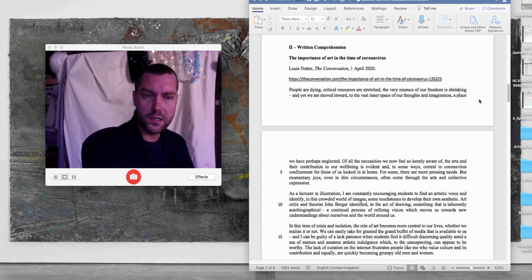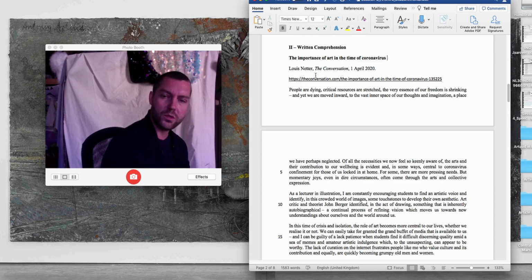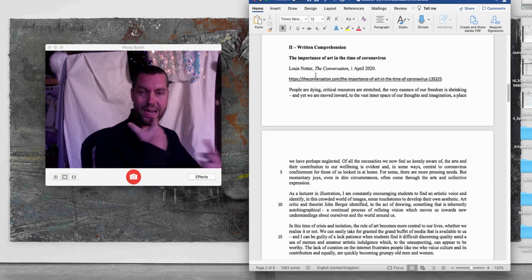This is written by Louis Netter, also an artist, not so well known obviously as Francis Bacon, and he's writing in The Conversation, which is an American online magazine. He's writing this during the time of coronavirus. I thought this was interesting because it talked a lot about the difference between inward and outward.